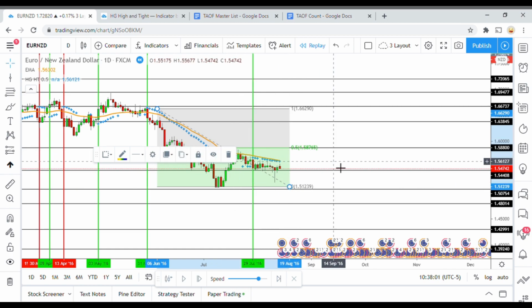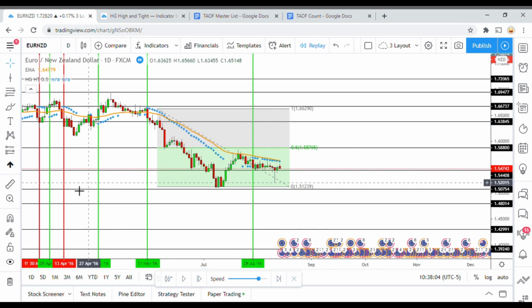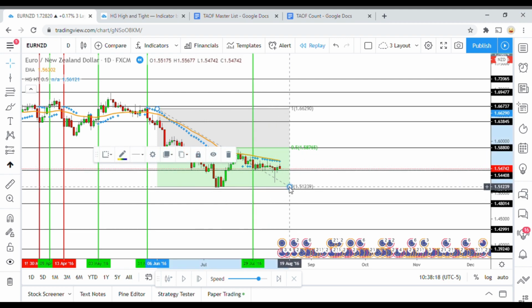It came really close. You see that right there? I mean, that was within, let's see if we can draw it out, 30 pips of the Fibonacci 50% retracement. And it never came down and broke the bottom of this retracement. And so technically it's still a valid setup at this point.